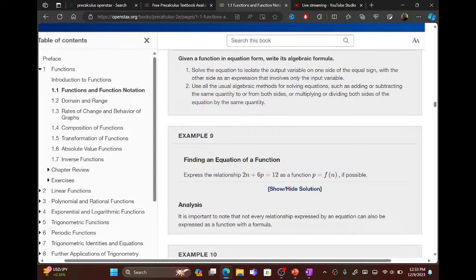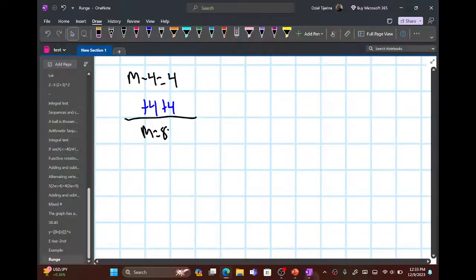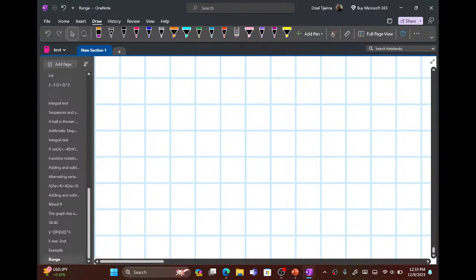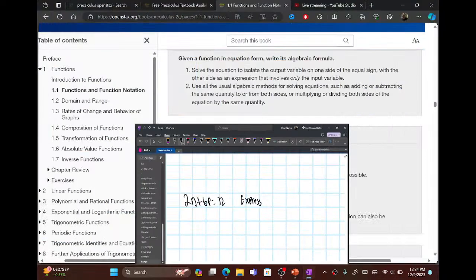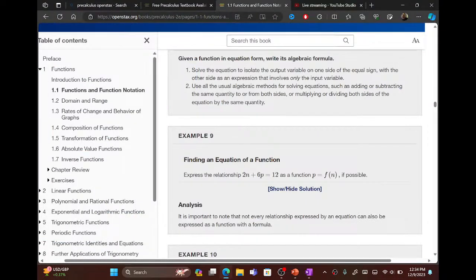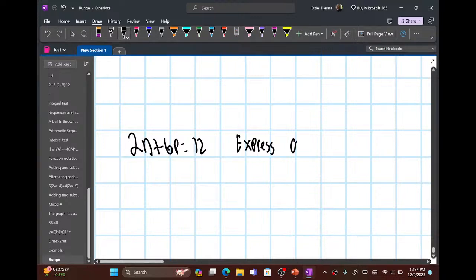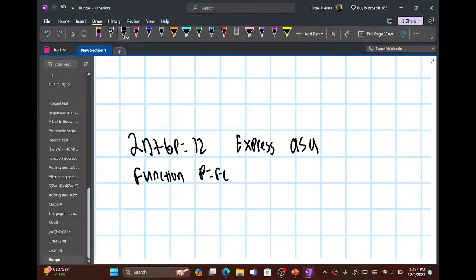Okay, so now we want to find the equation of a function. We have 2n plus 6p is equal to 12, and it says express as a function p equals f of n, if possible.